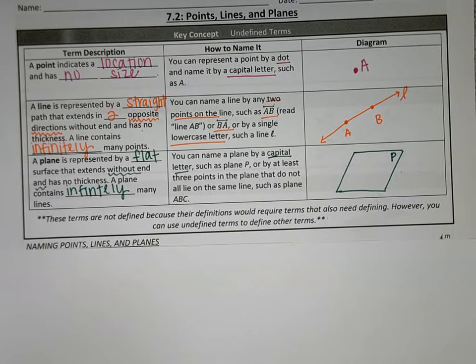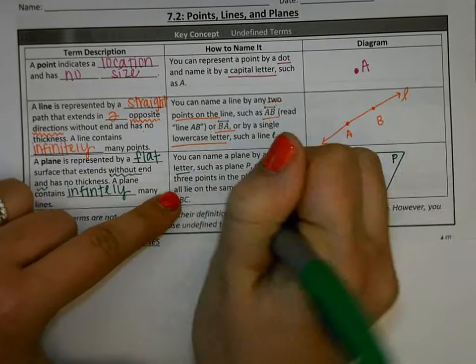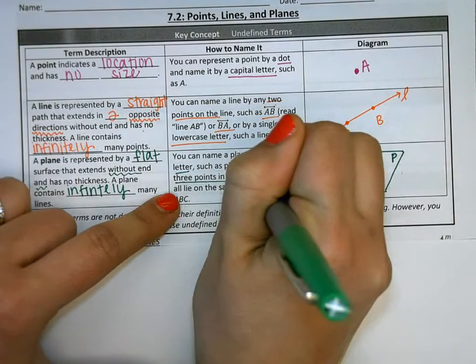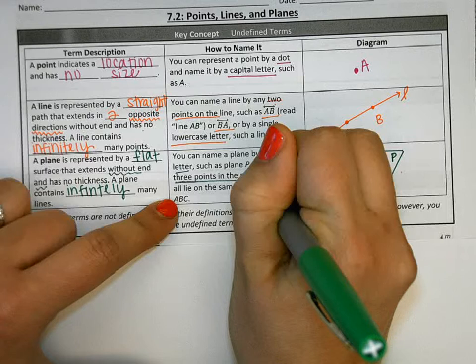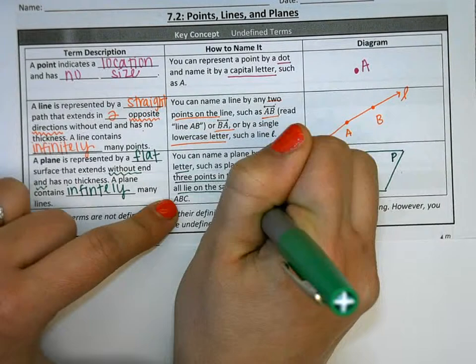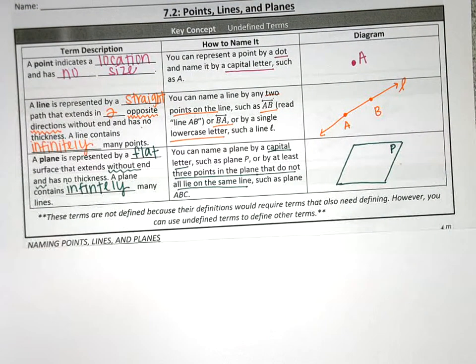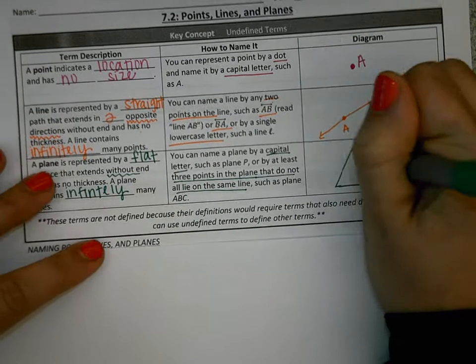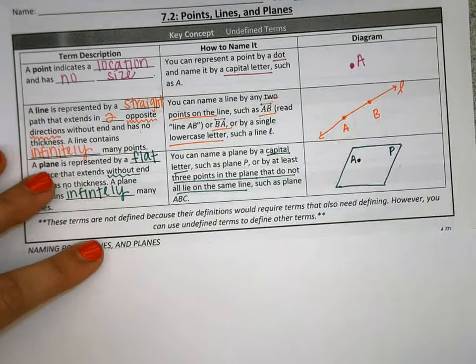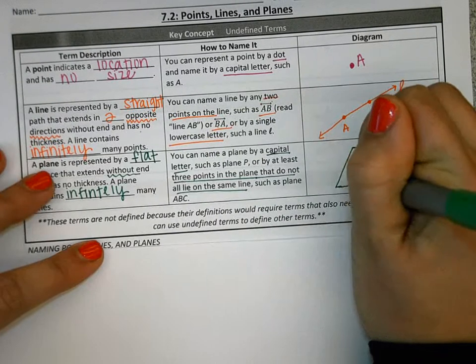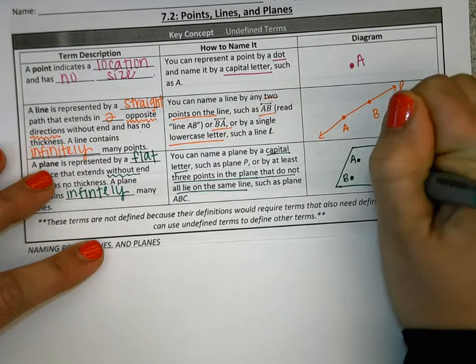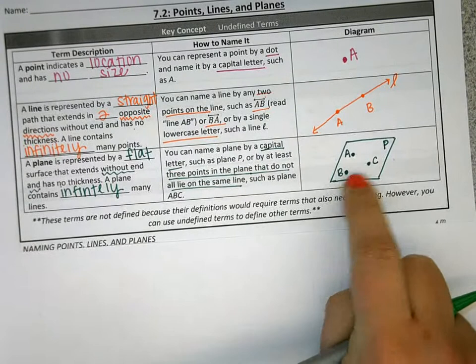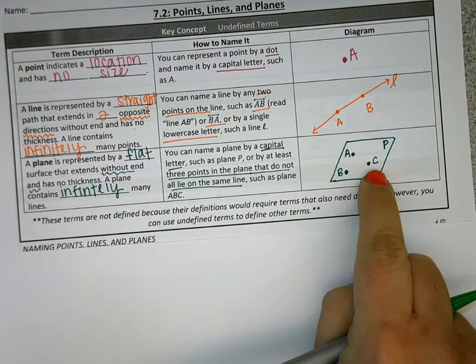Another way that you can name a plane is by 3 points on the plane that do not lie on the same line. So 3 points that are not collinear. For example, point A, point B, and point C. Do these 3 points lie on the same line?